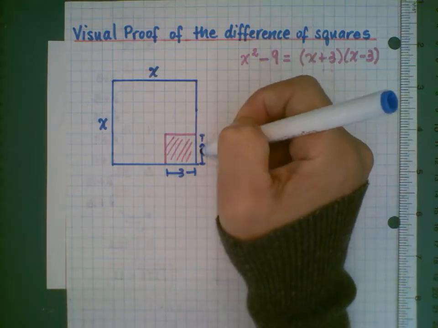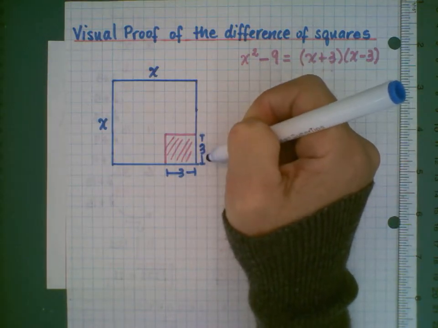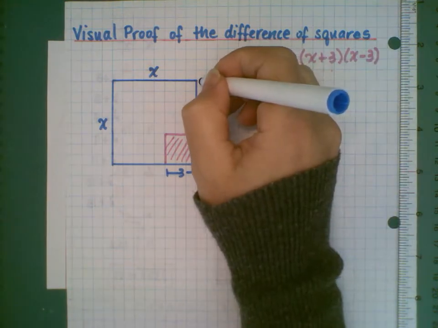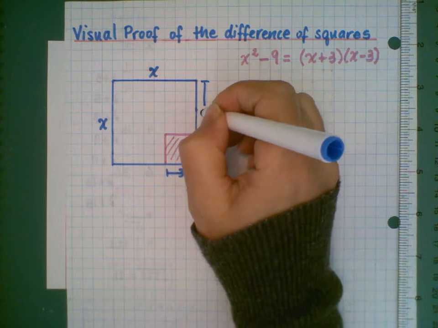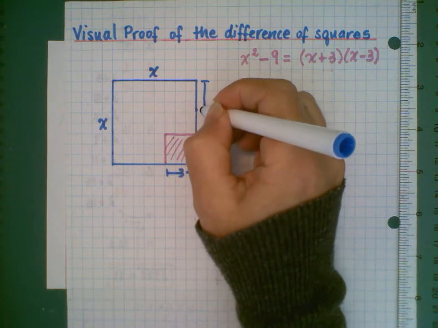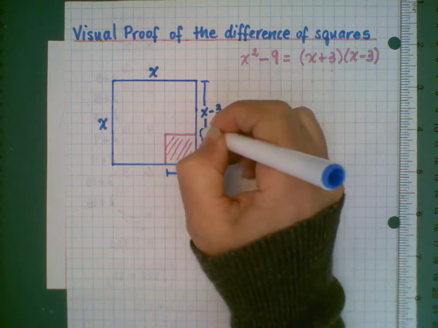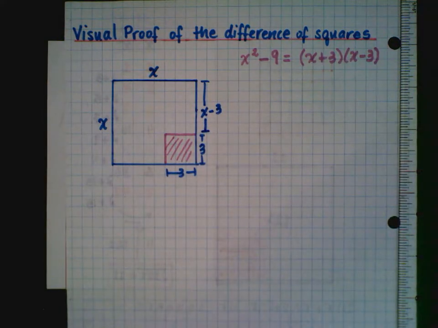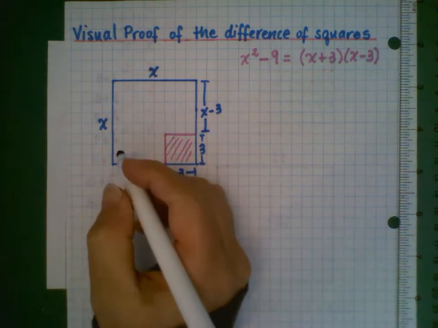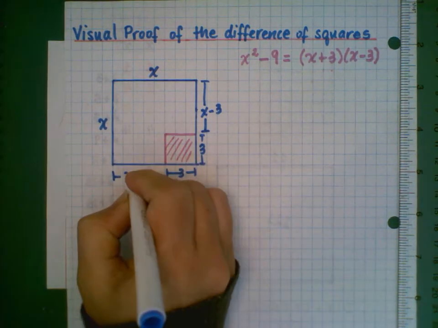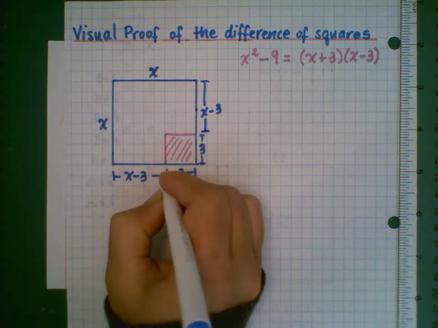So if the entire length of the side is x, and I've removed 3 from that x, then the remaining length of this shorter piece here, I could call it x minus 3. It's x that's been reduced by 3. And the same holds true for this other short piece right here, x reduced by 3.